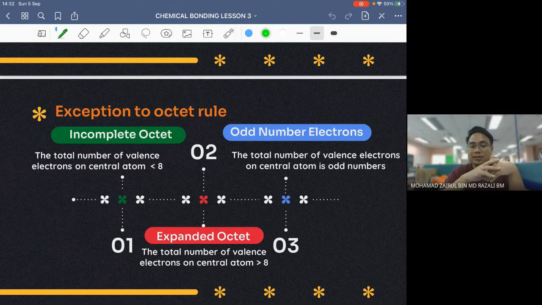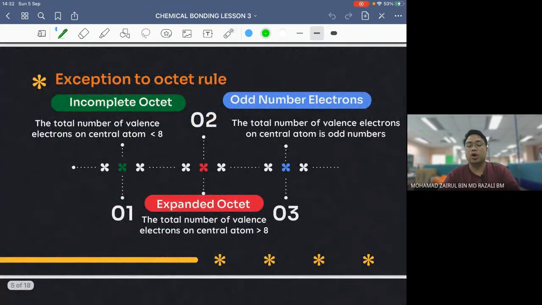And the last type of exception to the octet rule is the odd number electron. It happens when the total number of valence electrons on the central atom in a stable molecule is an odd number, for example 3, 5, 7 and so on.